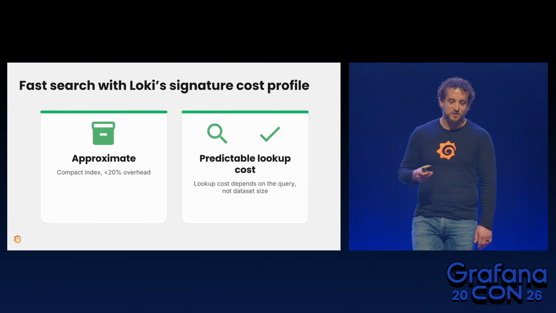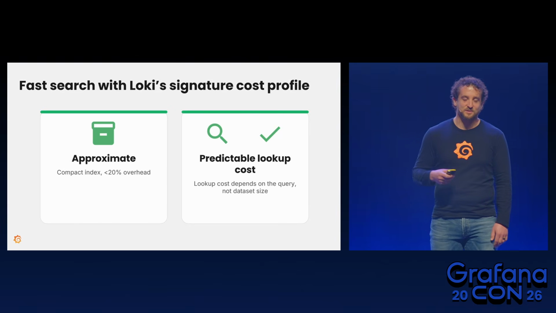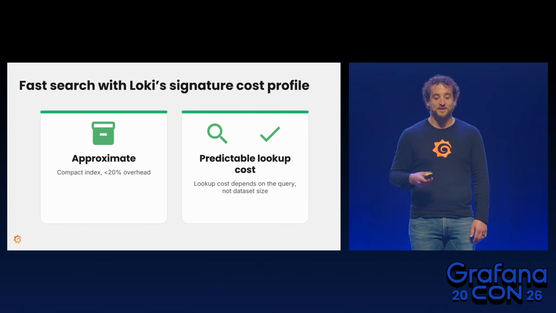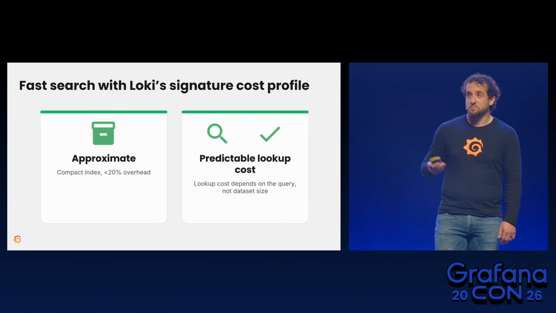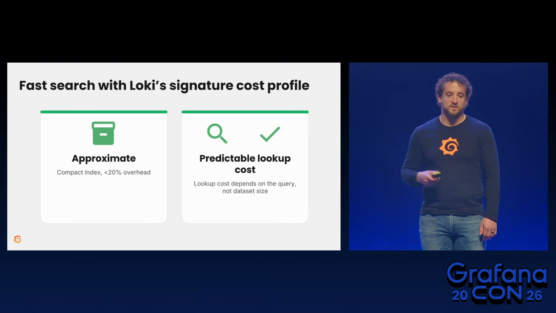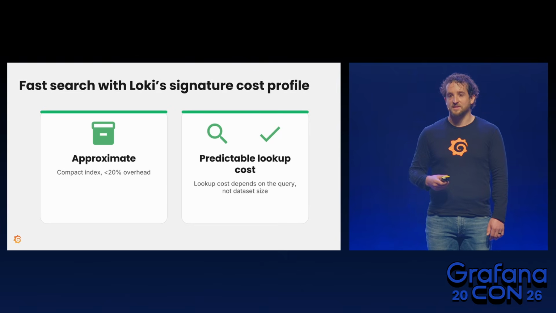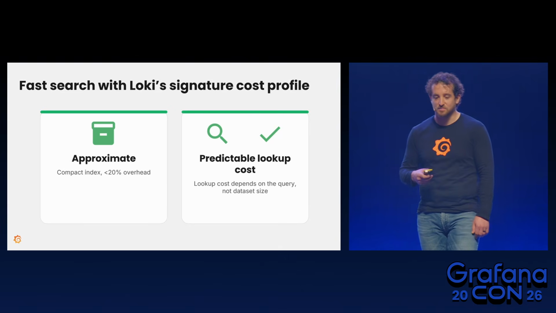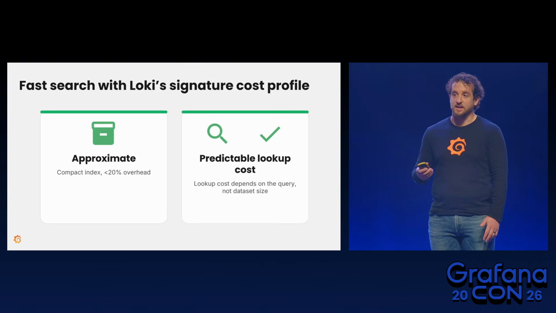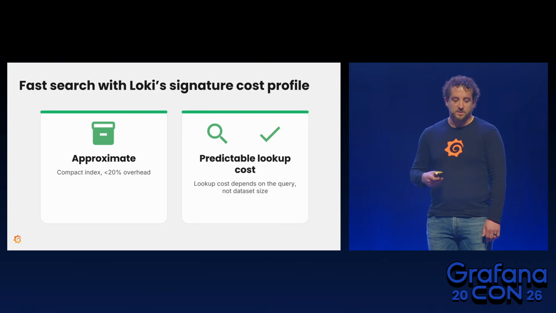There are also some tricks to enable very fast search while keeping the cost low. We do not use Bloom filters for this, but we've used some custom approximate probabilistic data structures based on bitmaps and some custom hash maps associated with that. The result is an index that has less than 20% storage overhead.